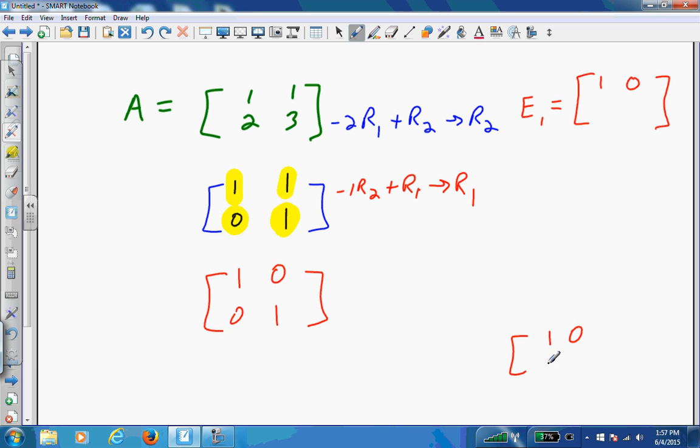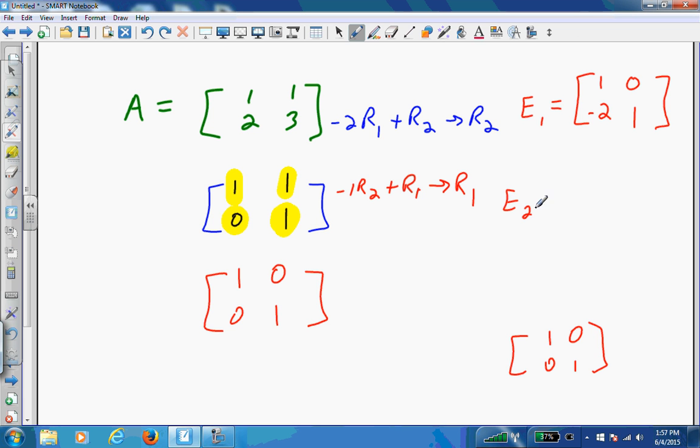Let me write the identity just for reference. But we did negative twice the first row plus the second row. Negative 2 times the first row plus the second row. So that's the elementary matrix that represents that row operation.